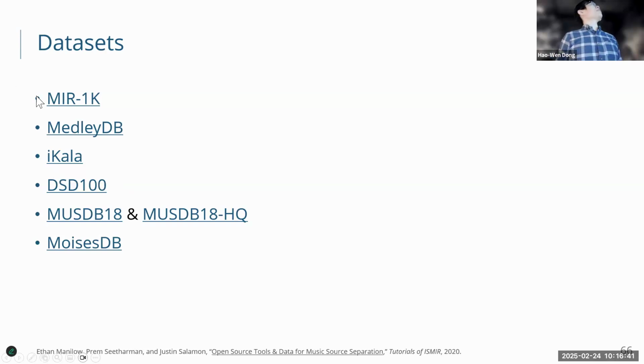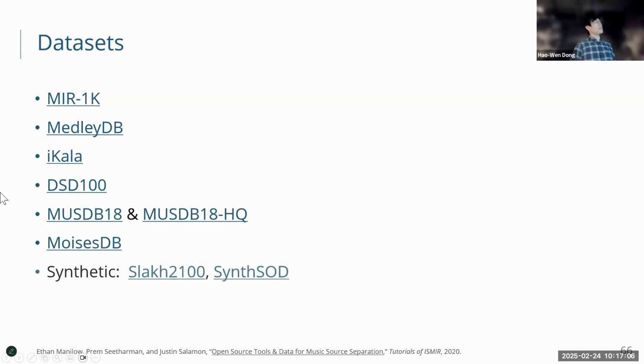These are some of the iconic ones: MUSDB18, 1000 songs, MedleyDB, 200-ish, 100-ish, and MoisesDB is Moises's dataset that is open source, and you can download it on Zenodo, I believe. There are different datasets, pretty small in the beginning, but nowadays getting larger and larger. There are also synthetic datasets. So Slakh is just a bunch of MIDI files, and you just use a synthesizer to synthesize them.